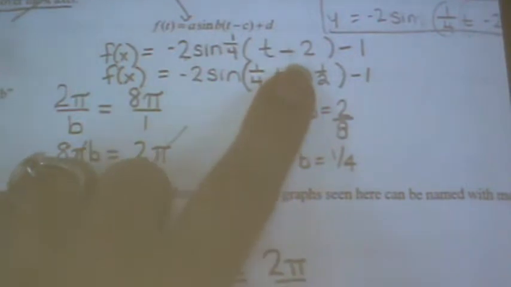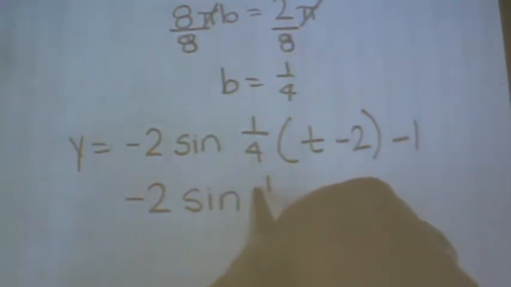It's a sine curve. Your b value is 1/4. And it's a phase shift 2 to the right. So it's gonna be t, if it's to the right, it's not plus 2, it's minus 2. And then down 1. And that's your answer right there.